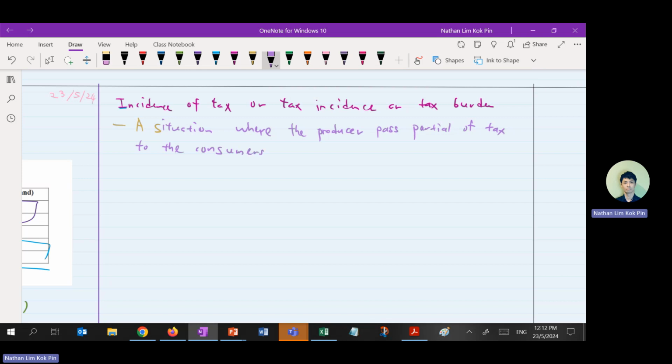Make sense? This is the tax burden. It depends on the test paper. Sometimes we use incidence of tax, sometimes tax incidence, sometimes tax burden. All of them should be the same. Okay?